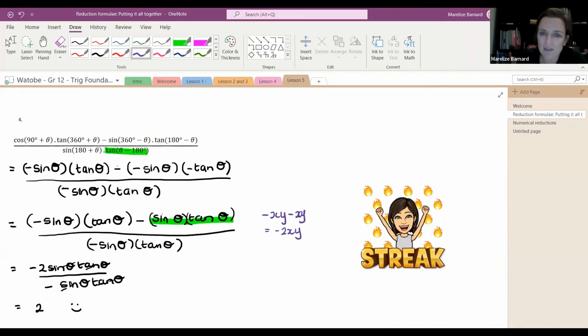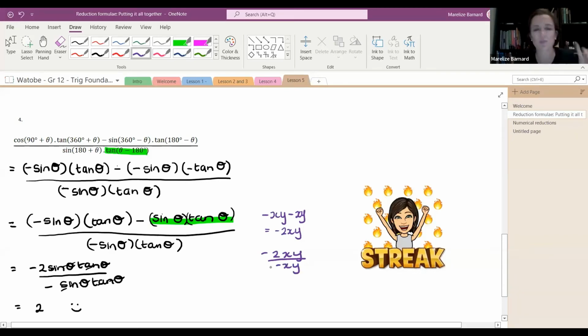They're just like terms. The trig functions with the theta, it's just like terms. So it's the same as saying minus 2xy divided by a minus xy. It's the same thinking. So back to your grade 8 algebra where you learned how to simplify these things. It's the same, they're just trig ratios now.